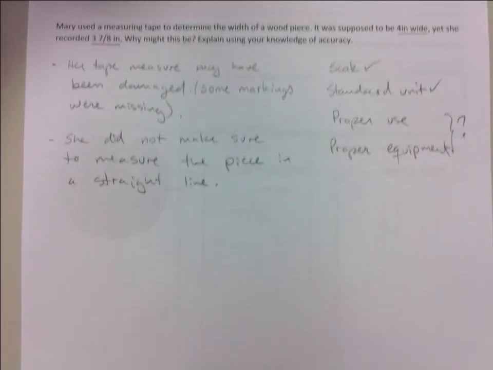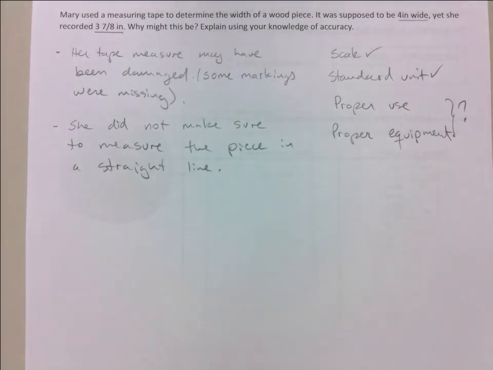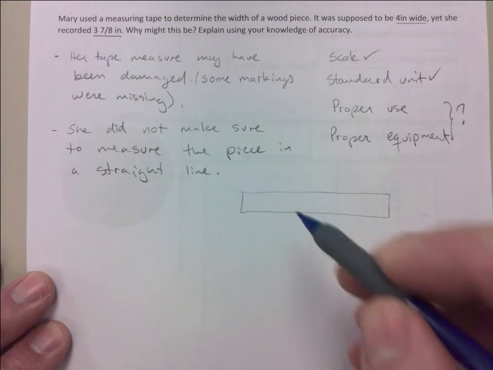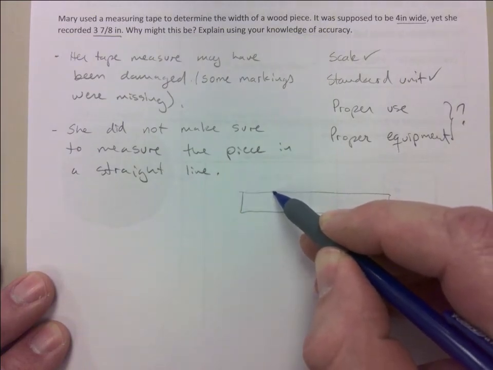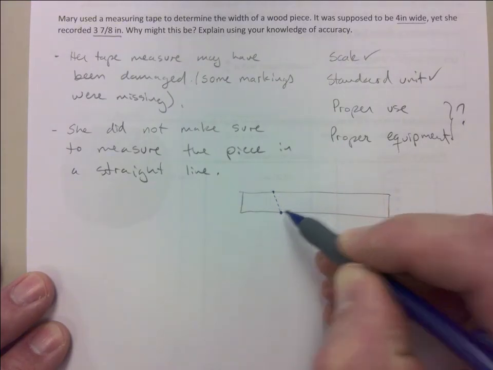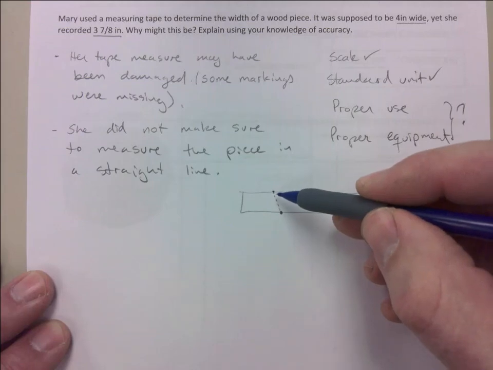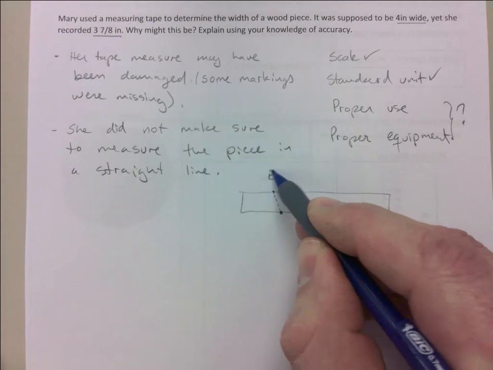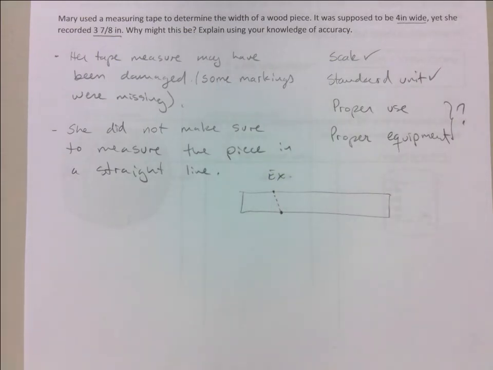And you know what? I love diagrams to make my case. So if this is the piece of wood, right? She may have gone from here at an angle like this, okay? Measured this way instead of going straight across. So this is my example. That's why you're off.